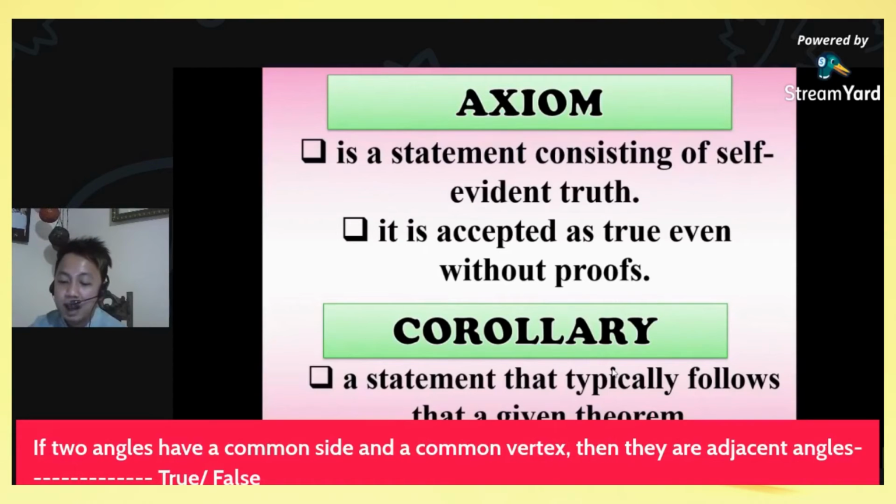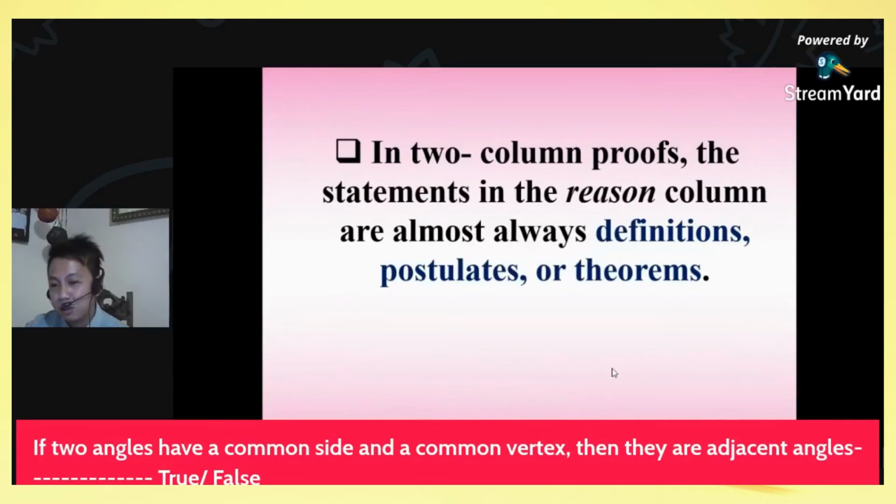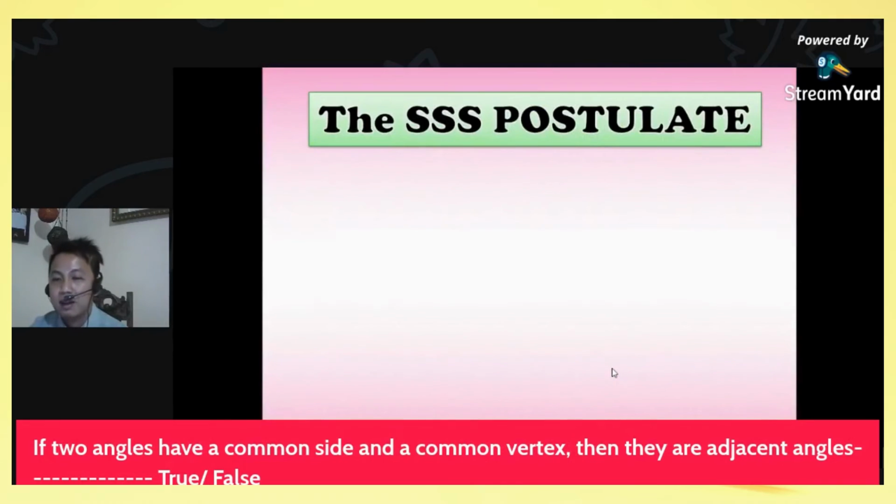And then, every equilateral triangle is also an equiangular triangle. In two-column proofs, the statements in the reason column are almost always definitions, postulates, or theorems. Proving that triangles are congruent using postulates and theorems.